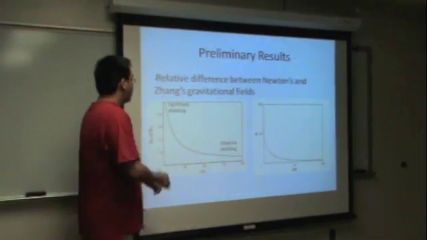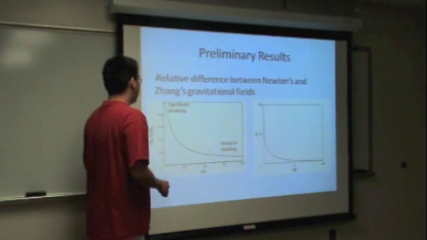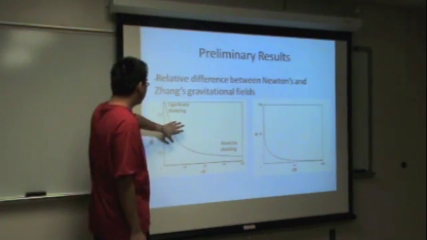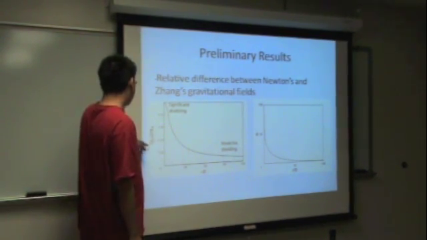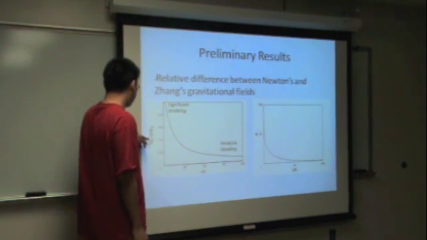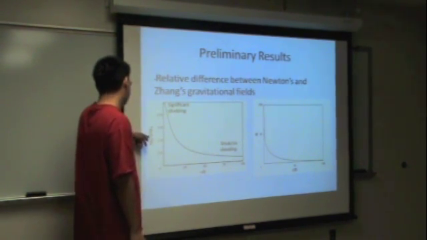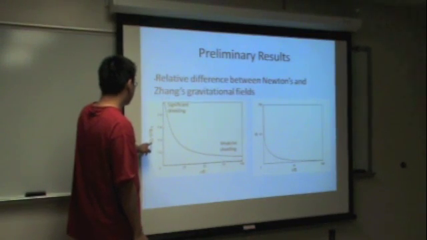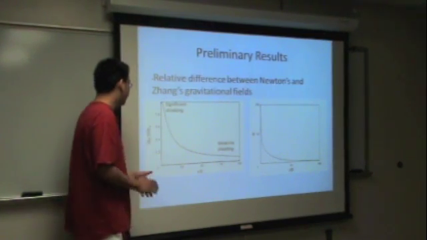The early results I got are the relative difference between Newton's and Zhang's gravitational fields, which is Gn minus G over Gn. Gn is Newton's gravitation, and G is Zhang's gravitation.